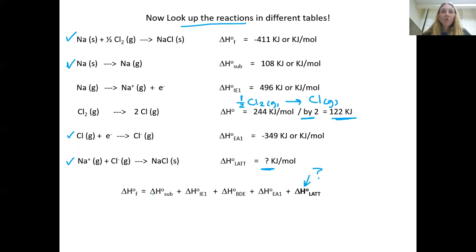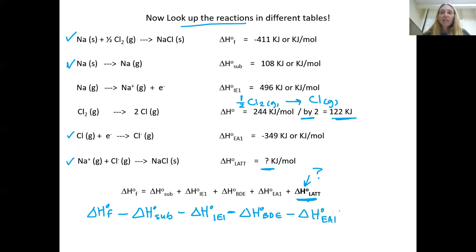Okay, so what I need to do is get this lattice energy by itself. So to do that, I'm going to subtract every single one of these to move them to the other side. So if I subtract the delta H not sublimation, I subtract the delta H not ionization energy 1, I subtract the delta H bond dissociation energy, I subtract the delta H electron affinity.